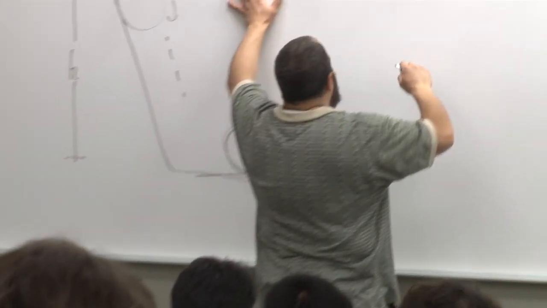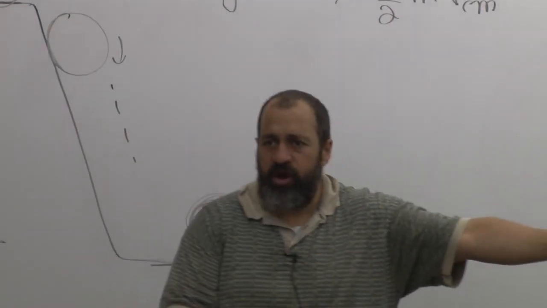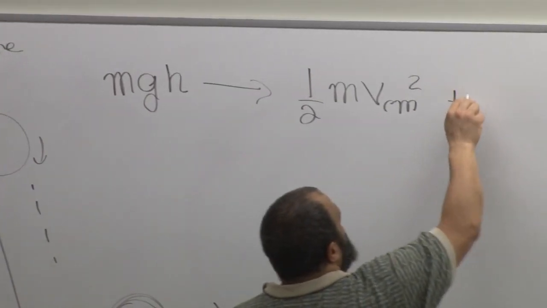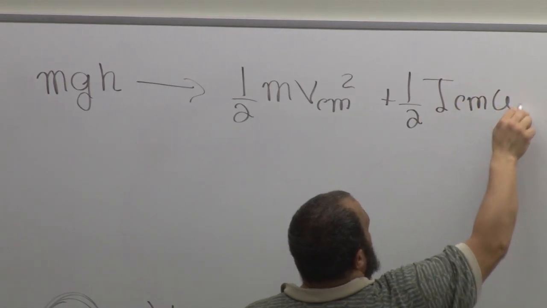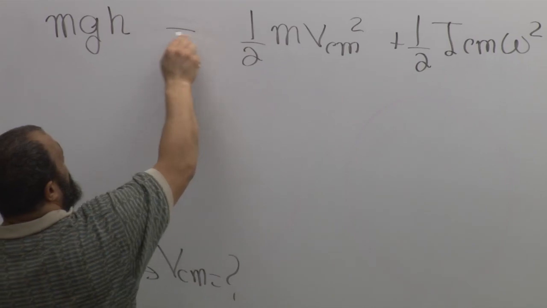So the energy goes into actually moving this thing forward and also rotating it. So in this approach, this is equal to plus 1/2 I CM omega squared.